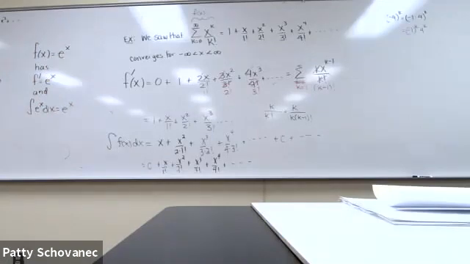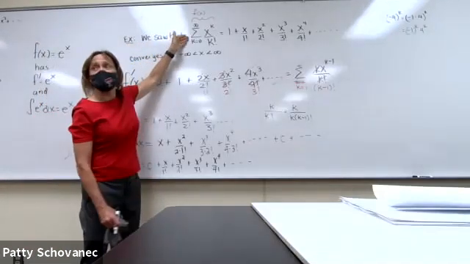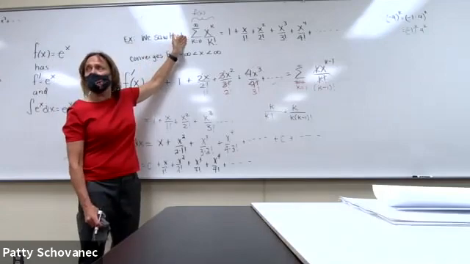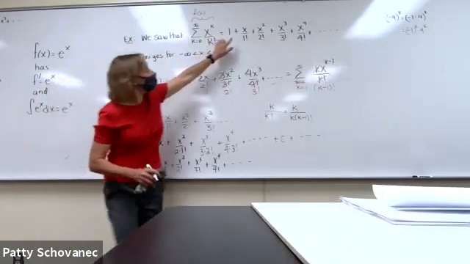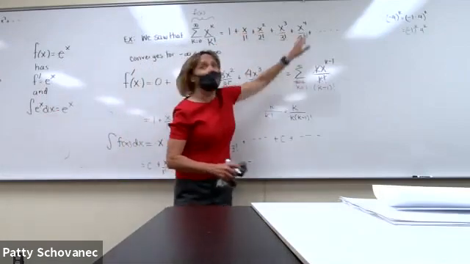Well, okay, that's no big deal. But here's a really big deal. I don't know how to integrate e to the x squared. I know how to integrate x e to the x squared, but not e to the x squared. Well, suppose I want to integrate e to the x squared. I construct the power series for e to the x squared using the power series for e to the x by replacing each x with x squared.